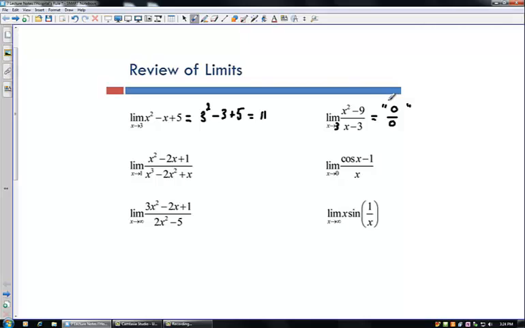And when we have an indeterminate form, it just means we cannot determine the limit as given, so we have to do something else. And in this case, what we're going to do is we just factor the top. So we have the limit as x goes to 3 of x minus 3 on top times x plus 3, all divided by x minus 3.